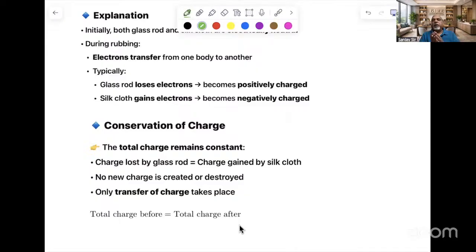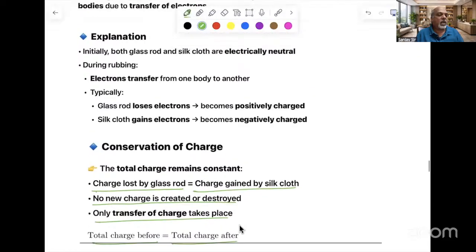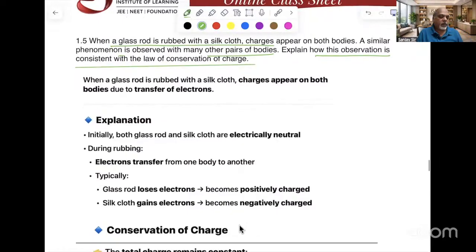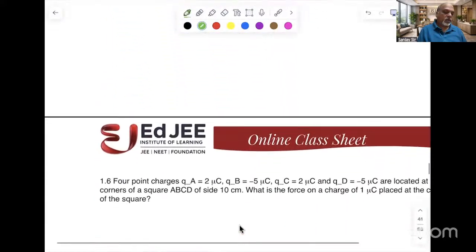Both will be electrified, but the total charge will be the same. That means no new charge is created or destroyed. Charge lost by the glass rod is gained by the silk. Only transfer. That means total charge before equals total charge after. So this is how the law of conservation of charge is consistent with this phenomenon. Correct? I hope you understood this.